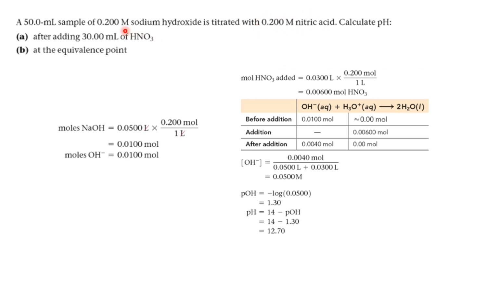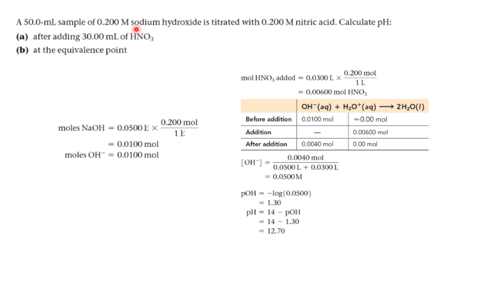We just saw that when we have equal concentrations of strong acid and strong base, it takes the same volume to titrate it. Earlier we had a 25 milliliter solution, and the equivalence point was 25 milliliters. Now we got a 50 milliliter sample, and the equivalence point is going to be 50 milliliters.